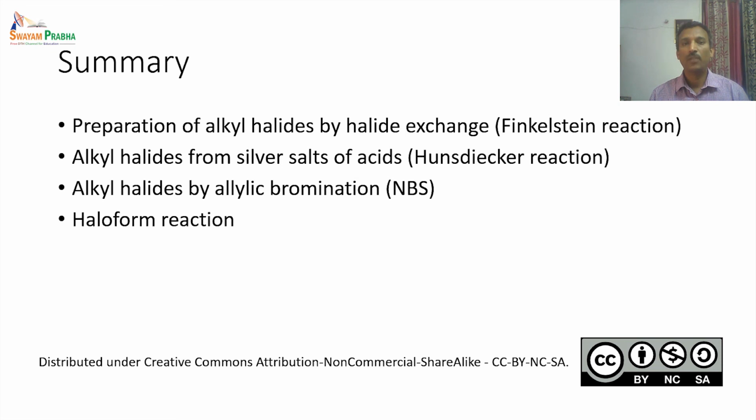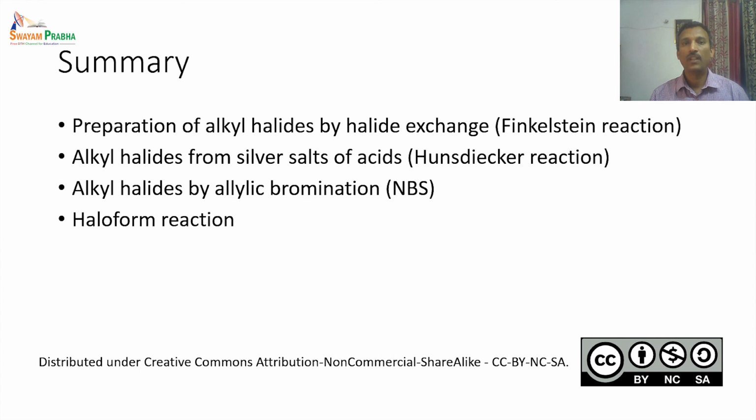We also studied the allylic bromination using N-bromosuccinimide. Instead of adding across the double bond, the halogen is added at the allylic position. This also proceeds by a radical mechanism. Even the Hunsdiecker reaction proceeds by a radical mechanism.